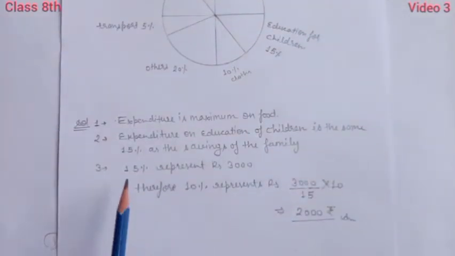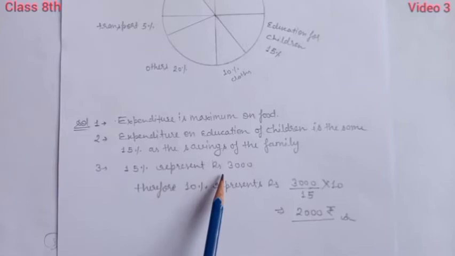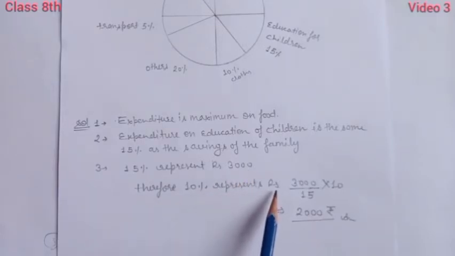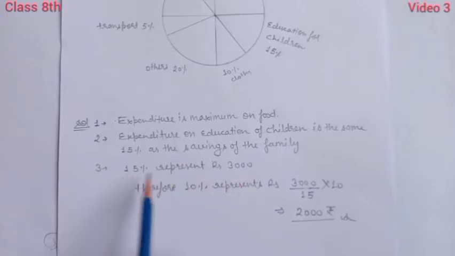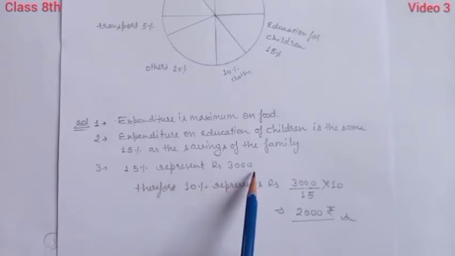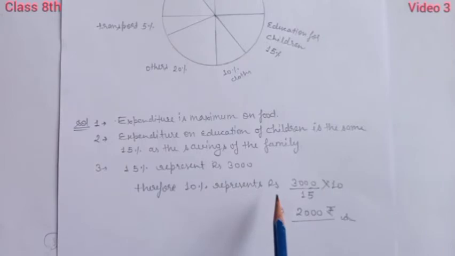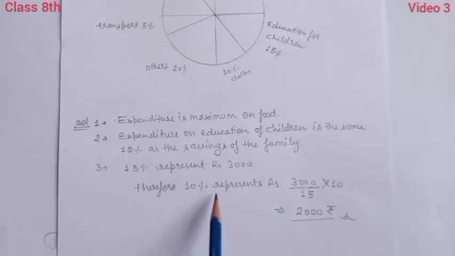Let's see. 15% represents rupees 3000, so by the unitary method, 1% represents 3000 upon 15. Similarly, 10% represents multiplying by 10 here. So 3000 divided by 15 into 10.